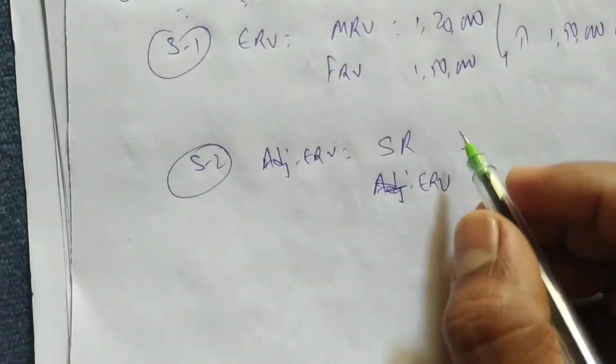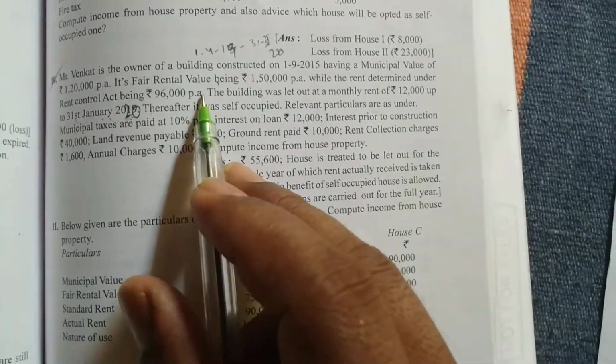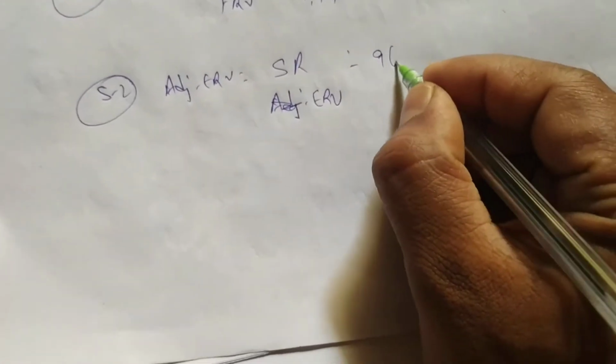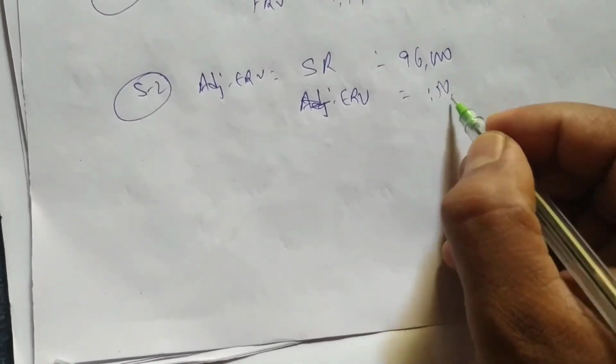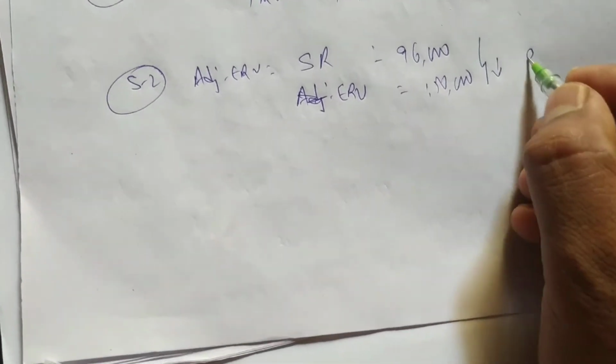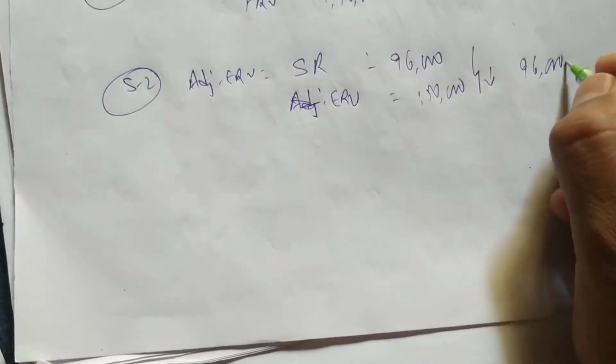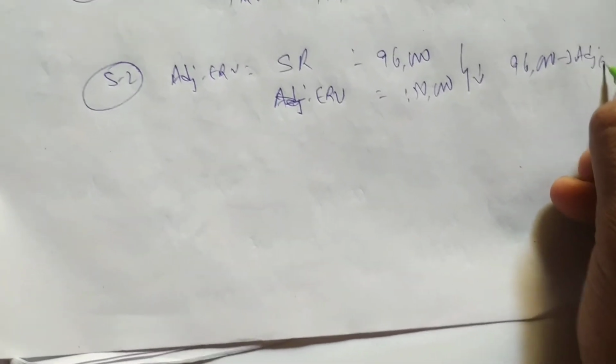So high is 1,50,000, that is ERV. Step number 2 is adjusted ERV. Standard rent and ERV. Standard rent is 96,000, and ERV is 1,50,000. Low is 96,000, that is the adjusted ERV.